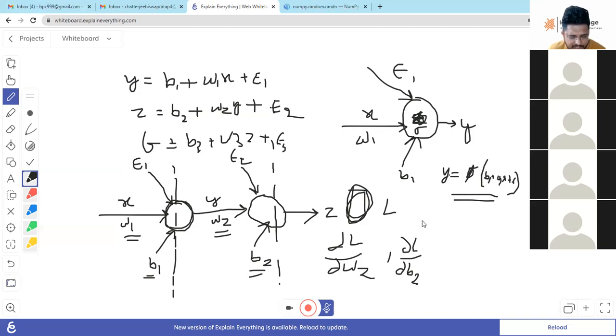Learnable parameters: new value is equal to old value minus learning rate into gradient. If gradient is zero, then old value is new value. So I will keep a limit, say after 20 epochs, if I see my gradient value remaining zero, then I will break the learning. I will break the epoch there, even though I have 5,000 epochs more remaining.